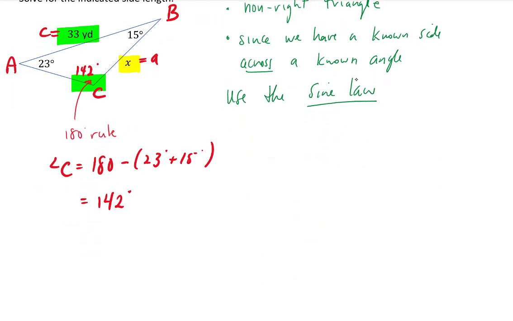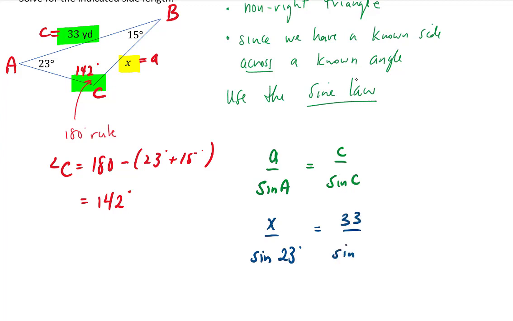All right, so starting with the version that helps us find a side, we are looking for side A. So that means we're going to divide by the sine of angle A, and the known ratio we have is side C over the sine of angle C. Subbing in our values, A is x, angle A is 23, and side C is 33, and angle C we have is 142.